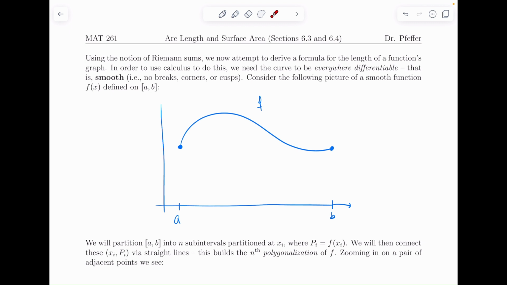I'm going to come in here and I'm going to take my AB and I'm going to partition it. So over here maybe we'll call this x0, A, call B x, say, n, and we're going to partition everything in between. So maybe this is x1, this is x2, this is x3, this is x4, etc. We'll keep doing that.